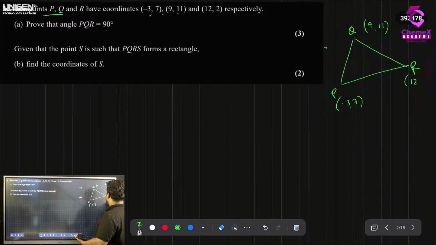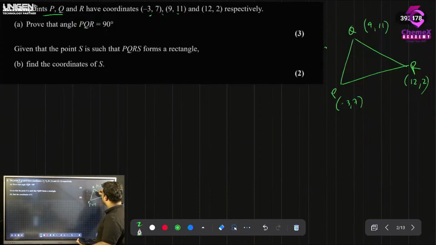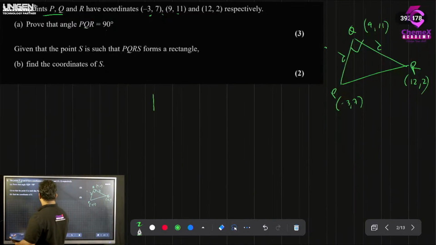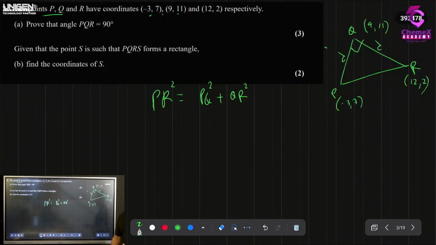R is 12, 2. If angle PQR is 90, then you know that PQ squared plus QR squared is equal to PR squared, right? So I'm just trying to prove that PR squared is equal to PQ squared plus QR squared. This is Pythagoras theorem. So let's get the PQ and QR values.